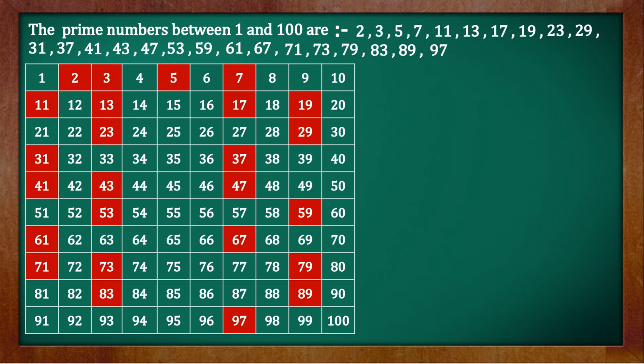Now that you know the 25 prime numbers between 1 and 100, let us look at some interesting facts about prime and composite numbers.